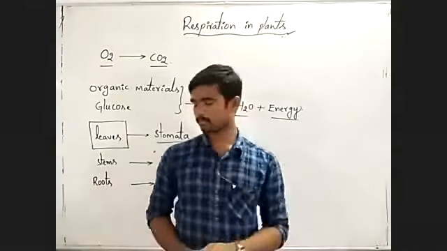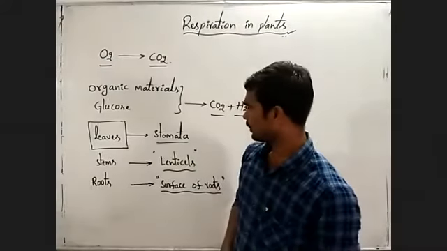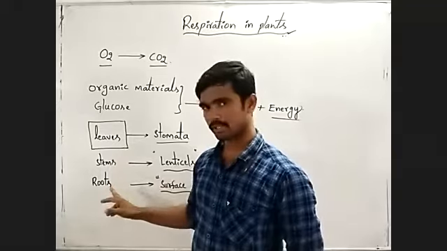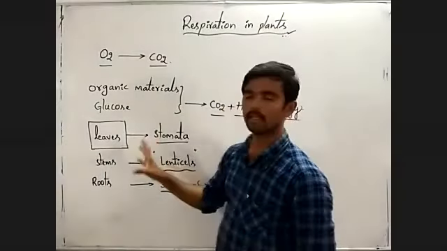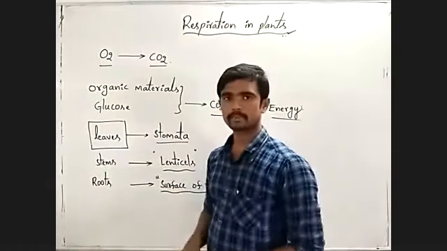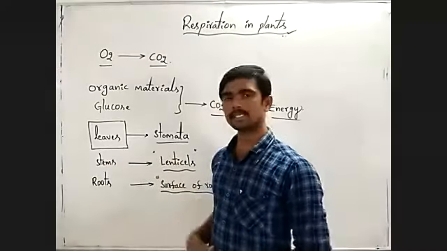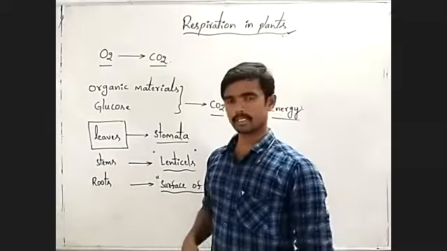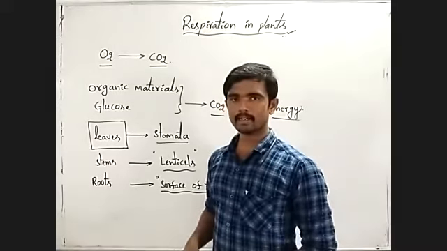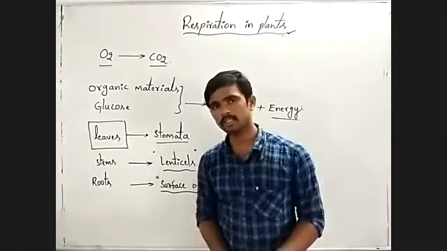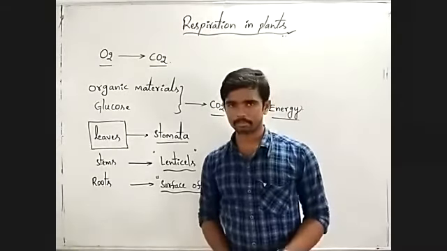Understanding? Observe carefully. Here, each and every part of the plant has some special structure and special machinery to perform the gaseous exchange process. That is why there is no need of a special respiratory system.